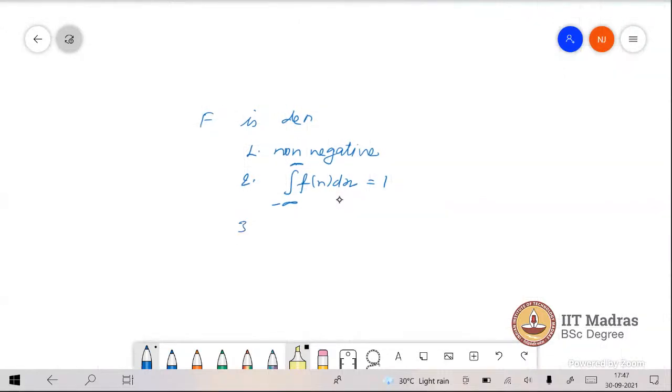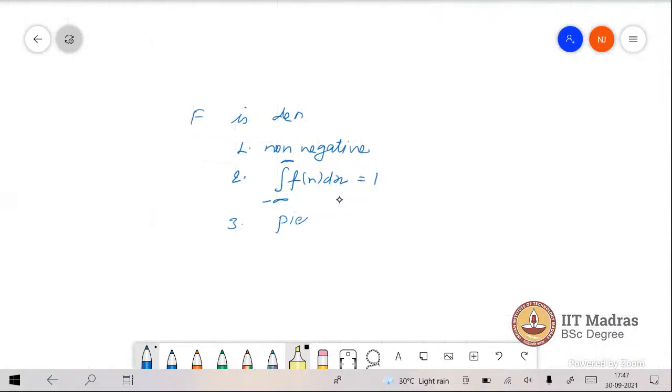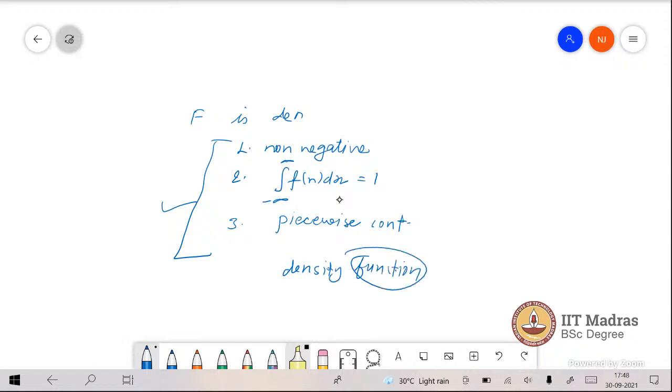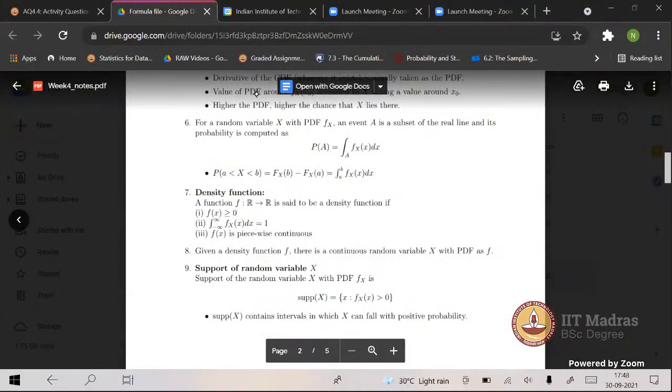The third property is that it is piecewise continuous. If a given function satisfies these properties, then that function is called a density function. Just look at one example here. It will be clear.